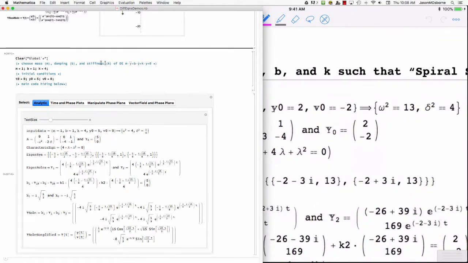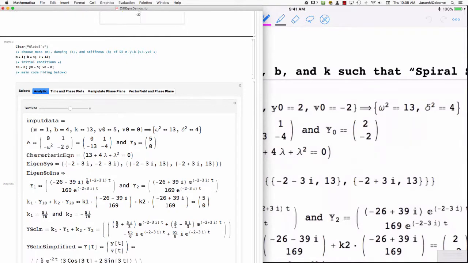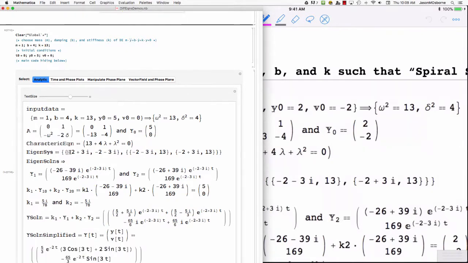Let's look back at the example that we had. K was equal to 13 and B was equal to 4. Let's set the initial condition y of 0 to be 0 and the initial velocity to be 0. Now we know what was going to happen here. We had eigenvalues -2 plus or minus 3i.